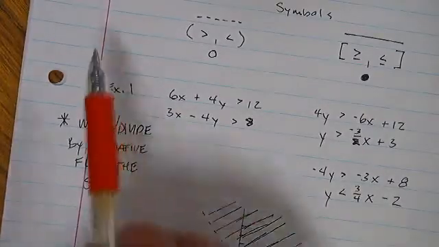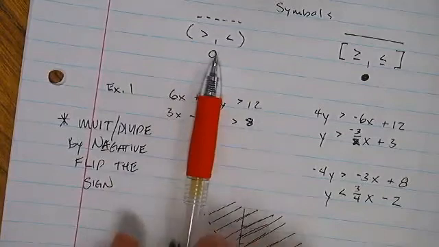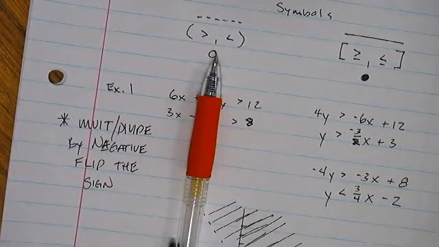And so 7, 0 is an easy one because it kind of blocks out my y values there. So 6 times 7 is 42. Is 42 greater than 12? Yes. And 3 times 7 is 21. Is 21 greater than 8? Yes. I know that point works for both, so I know my shaded region is correct.